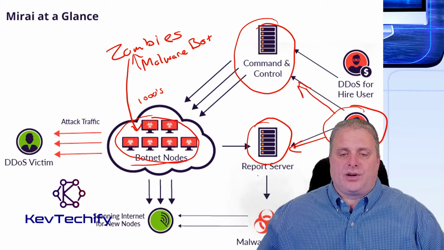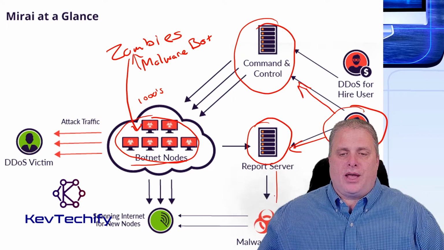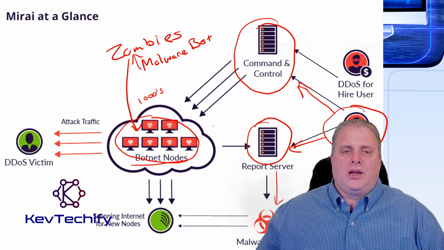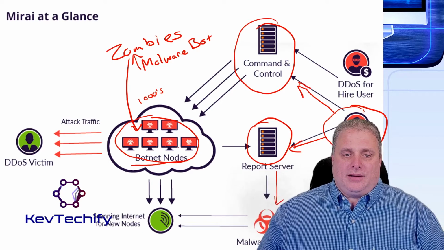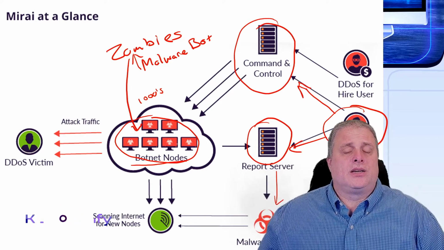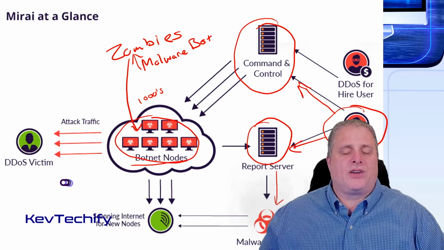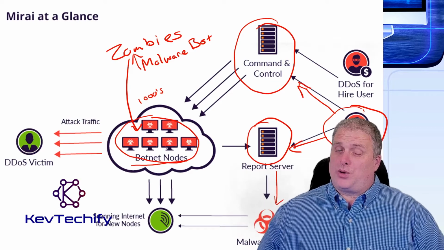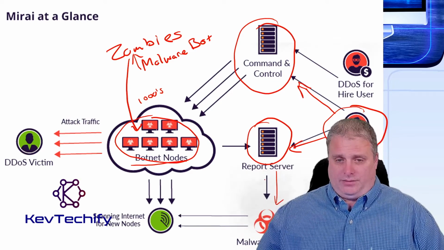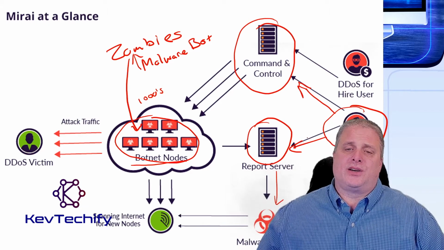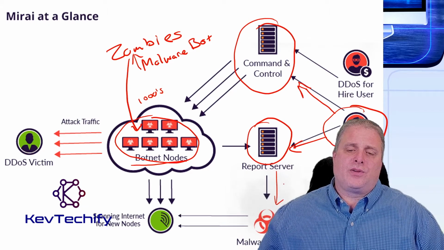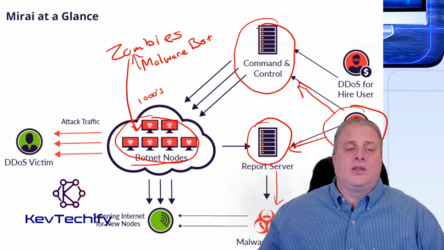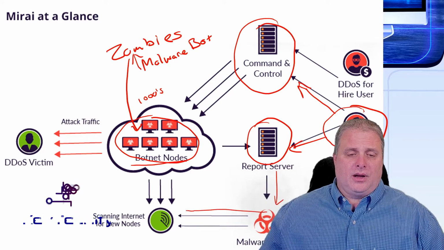The report server also controls the malware loader. Maybe your antivirus software identified a small portion of it, but you can still communicate. So now the bot master has to connect into the report server with some new malware and load it up.